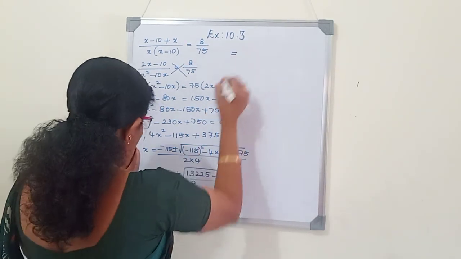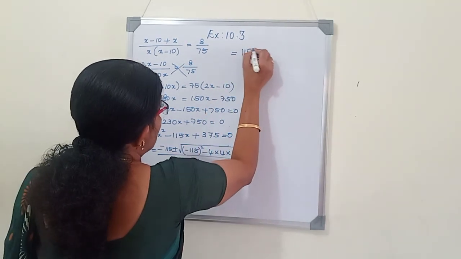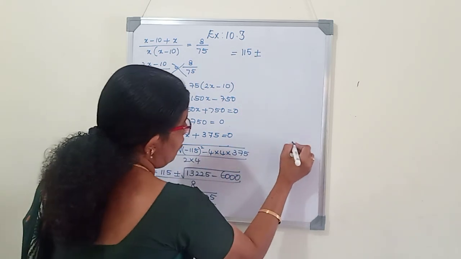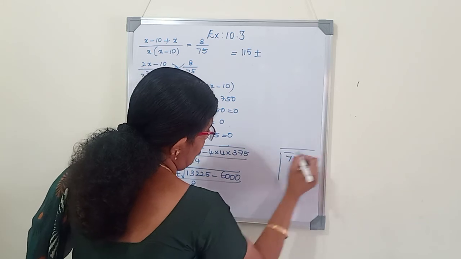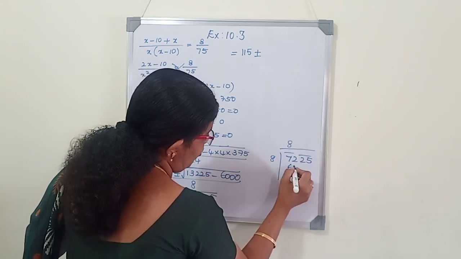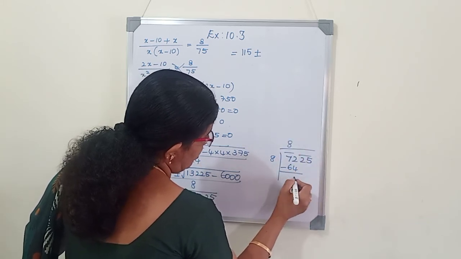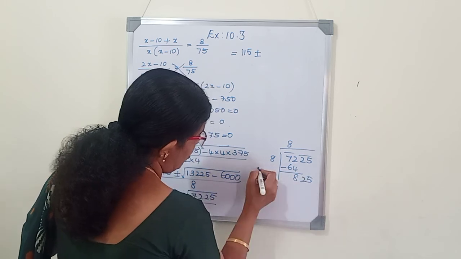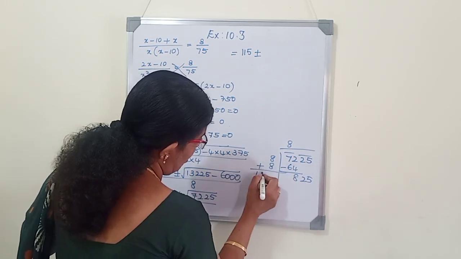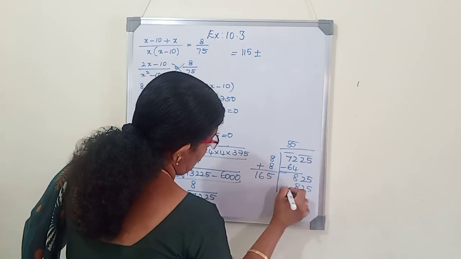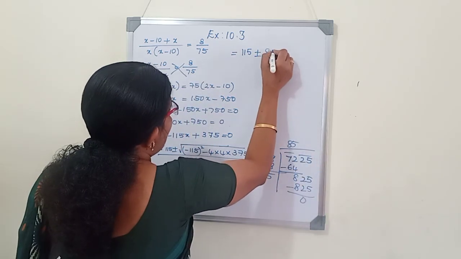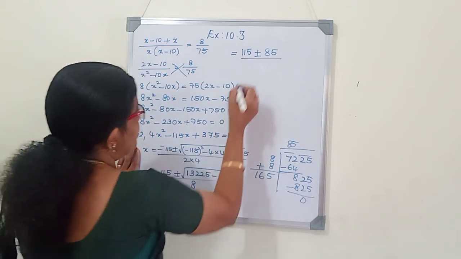Already we did it: 8 8s are 64, remainder 8 25, we add 8, 16 5s are 85. So 85 divided by 8.